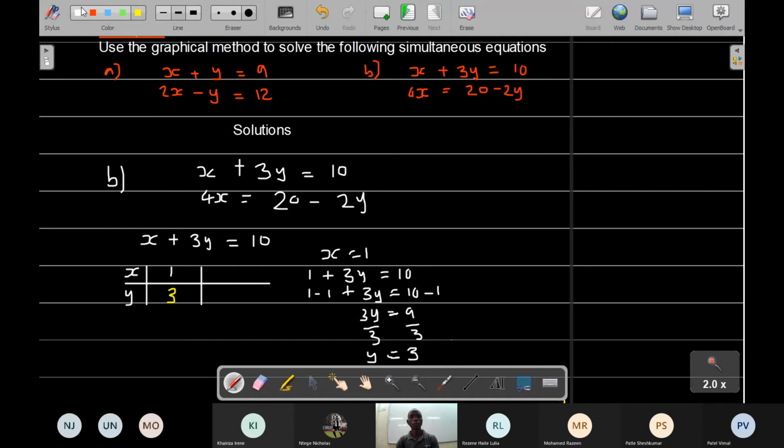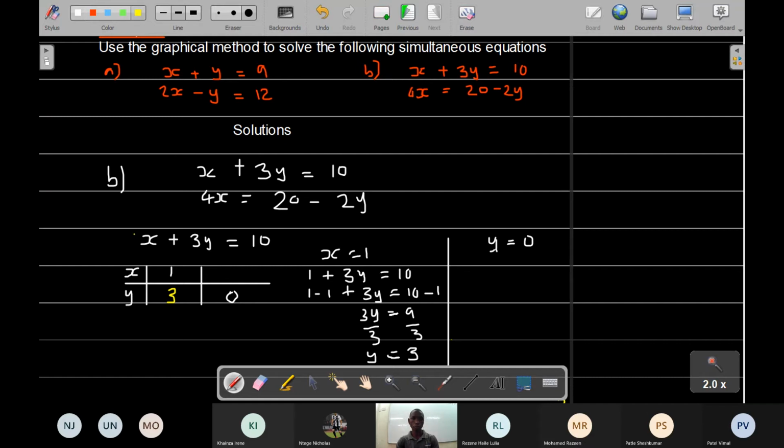Then you do the same. What is the value of x when y is, say, 0? When y is 0, I substitute 0 in this expression.